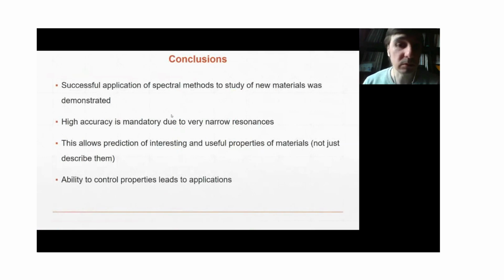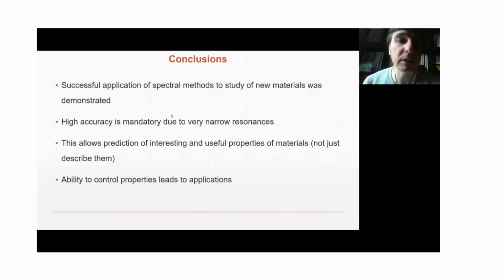So I'm approaching a conclusion, the end of my talk. We have successfully applied spectral methods, namely the method of analytical regularization, to study new materials like graphene and metamaterials in other studies.